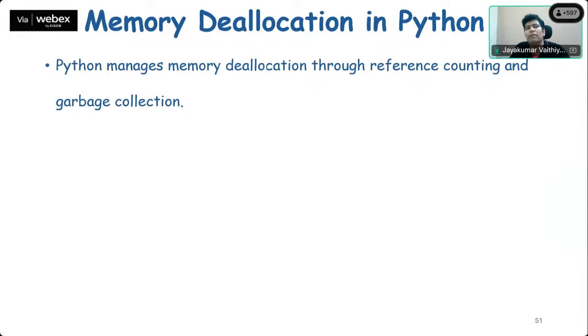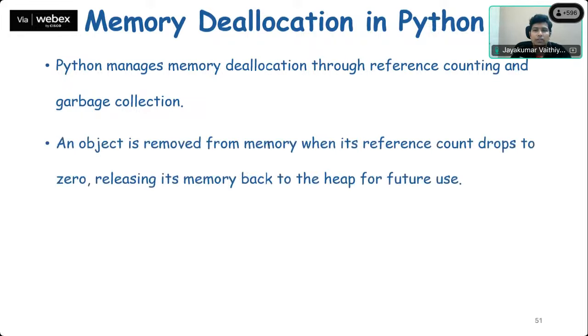So when you allocate any memory, it will do deallocation through reference counting and garbage collection. So if you are interested in these terms, go and refer to Java. Java has garbage collection capacity. Okay, C and C++ don't have it, but Java does.